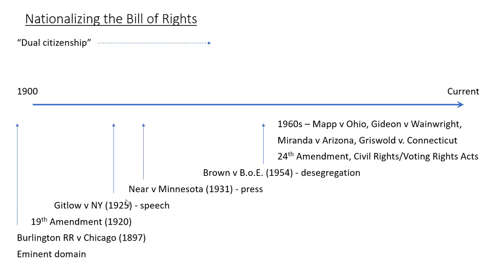Gideon versus Wainwright was the case where the Supreme Court ruled, bolstering the Sixth Amendment and requiring all states to comply with it, that if you cannot afford assistance of counsel, the state will provide one for you.